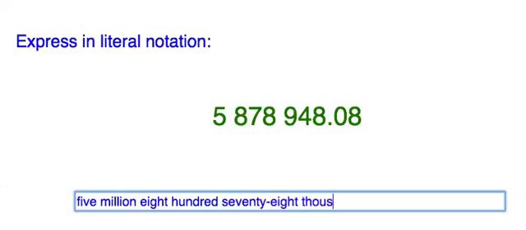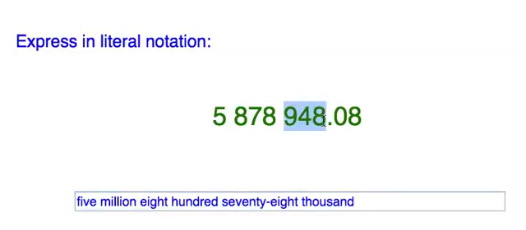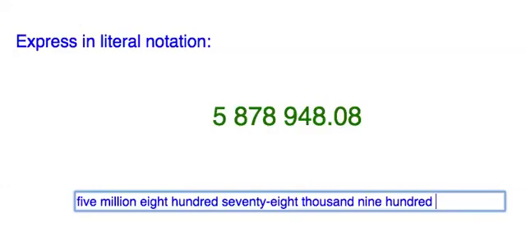And then you can think of this as the ones block, so we don't have to read out anything afterwards. So 948. Okay, so 948 is the ones block, this is the thousands block, and this is the millions block, right?